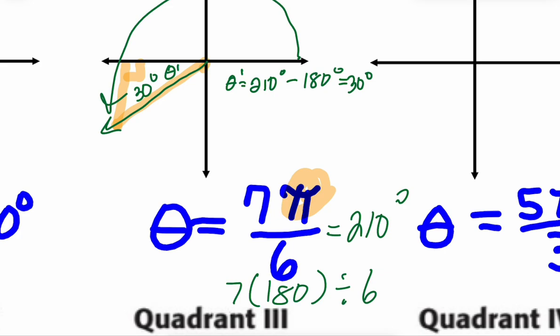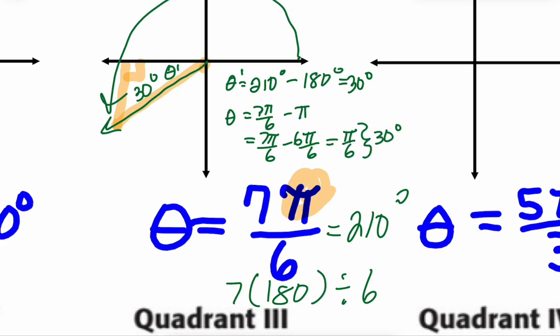Every pi is worth 180 degrees. I have 7 pi over 6, an improper fraction, so I have a little more than 180 degrees. How much more? Well, 7 pi over 6 minus pi is 7 pi over 6 minus 6 pi over 6, or 1 pi over 6, which is indeed 30 degrees.